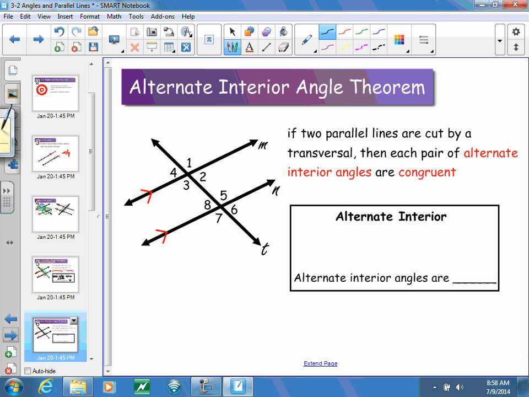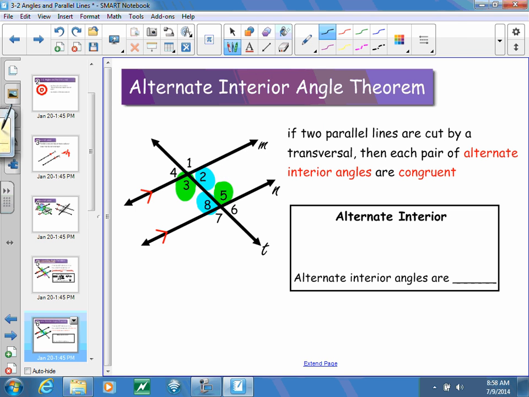Next, we're going to bring back the alternate interior angle theorem. Interior angles are the angles that are inside the 2 lines that are cut by the transversal. Our interior angles here are 3, 2, 8, and 5. With those, we have alternate interior angles, which are on opposite sides of the transversal: 3 and 5, and 2 and 8.